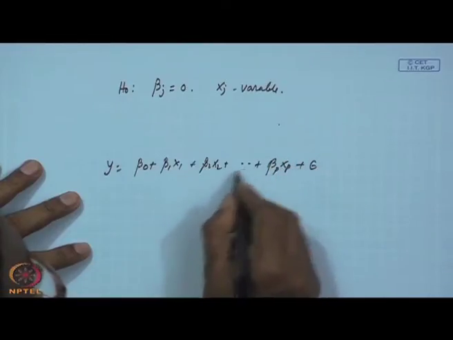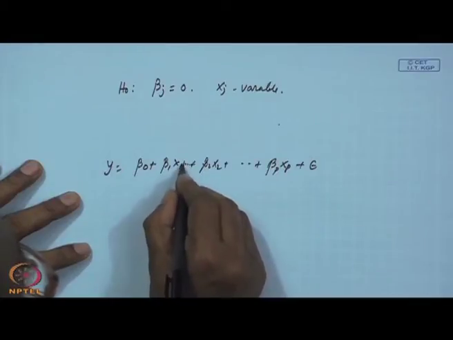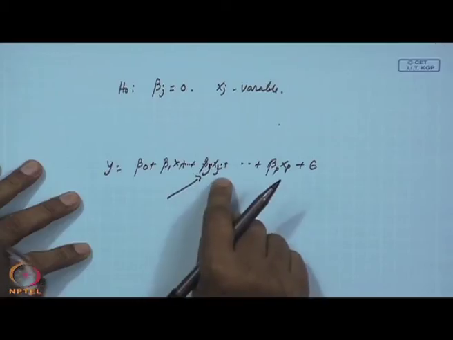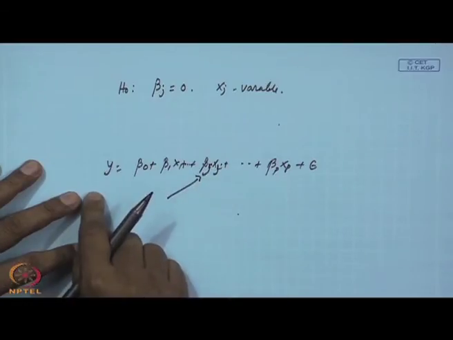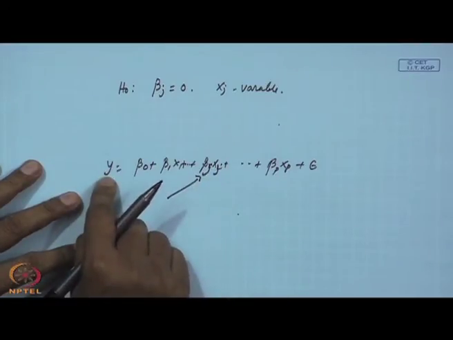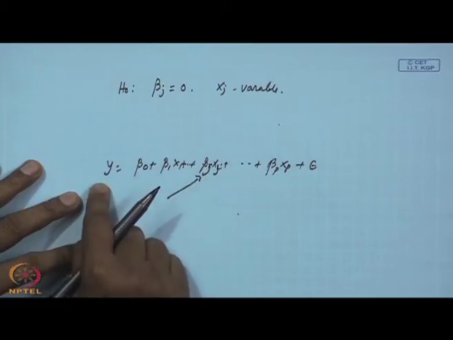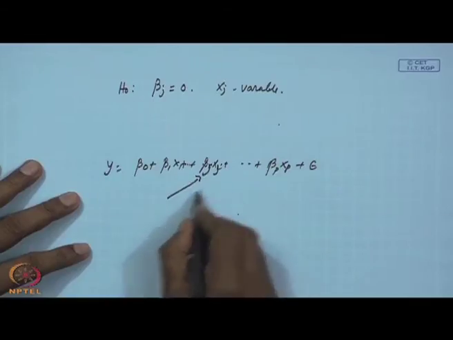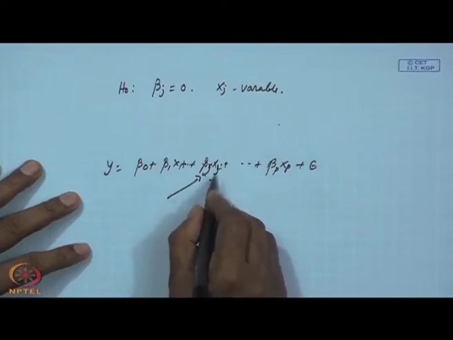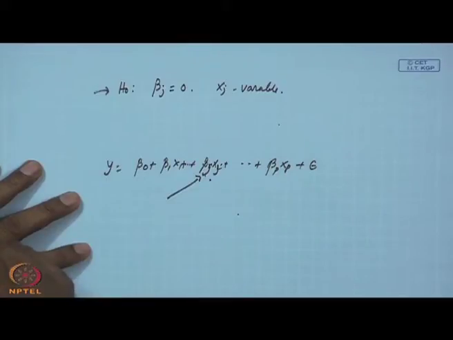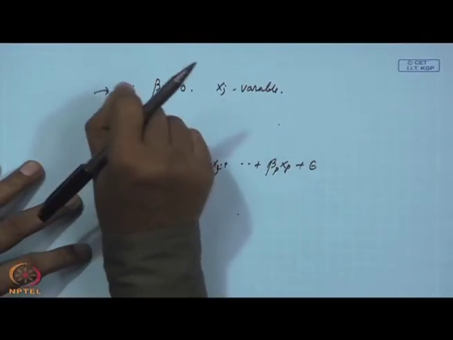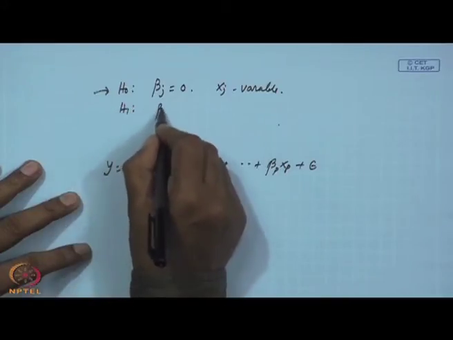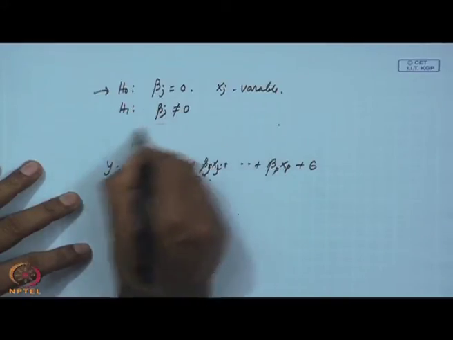Somewhere there is, suppose, beta j xj. What we are saying is, if xj has no relation with y, in other words xj does not contribute in explaining the variability of y, then we can assume that beta j value is 0. So, this is our null hypothesis. When you test the individual regression parameters, the alternative hypothesis is beta j not equal to 0.